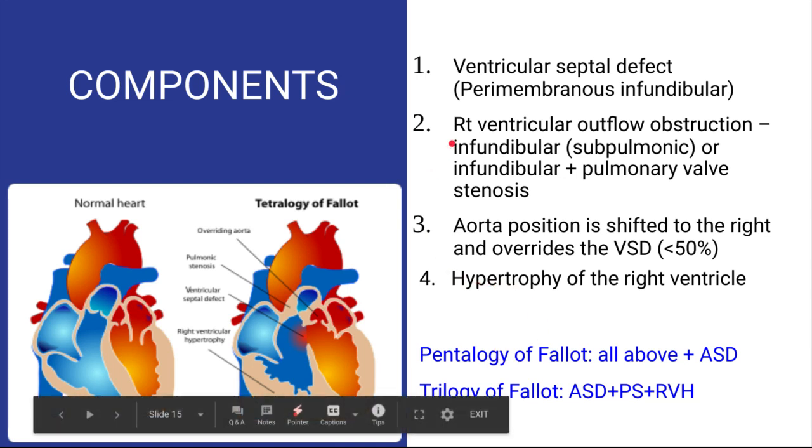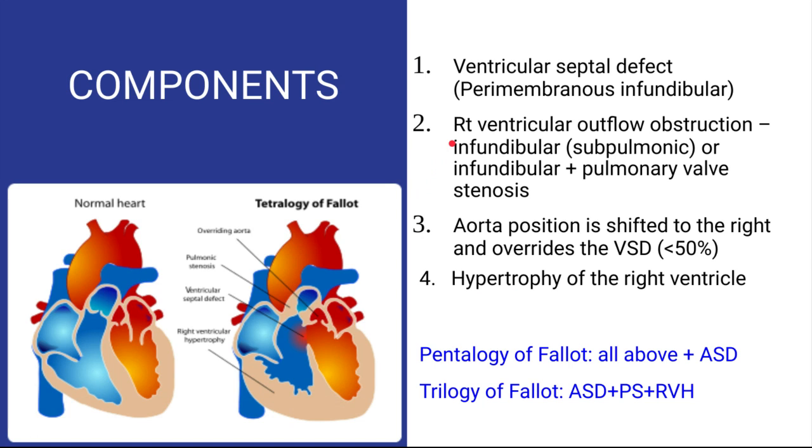Similarly, pentalogy of Fallot includes all the above plus ASD, and in trilogy of Fallot there is no VSD but it is replaced by ASD, and PS plus RVH are there.